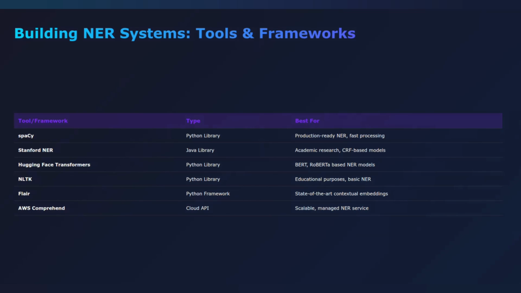Hugging Face Transformers gives you access to state-of-the-art models like BERT, RoBERTa, and GPT for NER. Incredible performance. NLTK is great for educational purposes and basic NER, though not as powerful as the others. Flair offers cutting-edge contextual embeddings for NER. And if you want managed services, AWS Comprehend provides scalable NER as a cloud API.